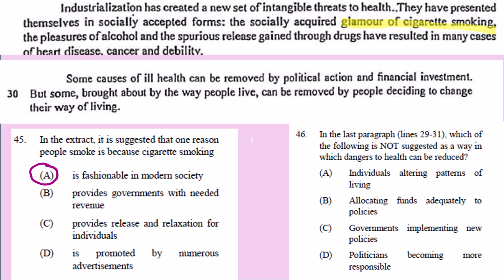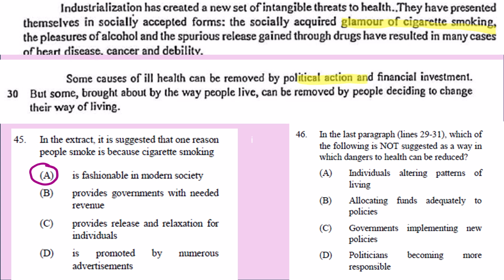Question 46. In the last paragraph, which of the following is not suggested as a way in which dangers to health can be reduced? Individuals altering patterns of living, allocating funds adequately to policies, governments implementing new policies, or politicians becoming more responsible. Let's see what evidence we have here.